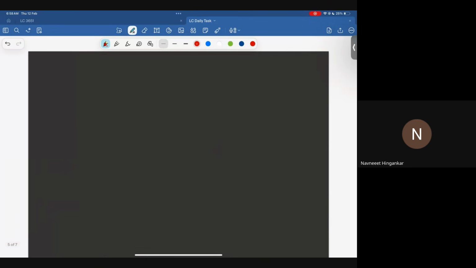I will do the same for loop thing. For start equal to 0, start is less than n, start plus plus. For end equal to start, end is less than n, end plus plus. This is the incremental update because our end is moving from n to n plus 1, right? So this is the incremental update.